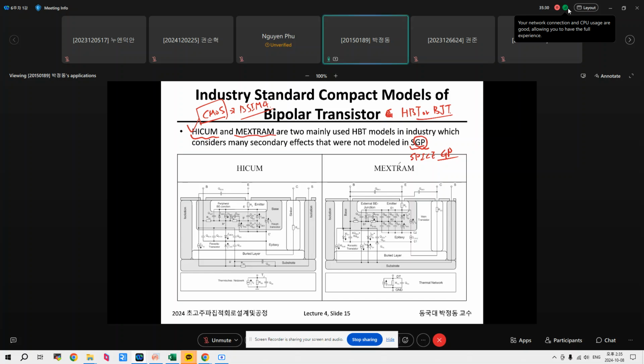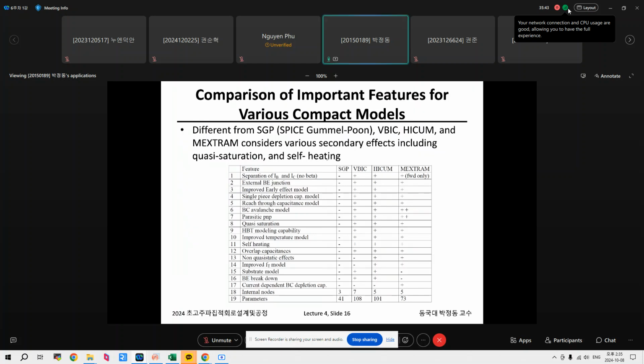which is briefly studied in your undergraduate class. This is the comparison table: this is the SPICE Gummel-Poon, this is HICUM, this is MEXTRAM.